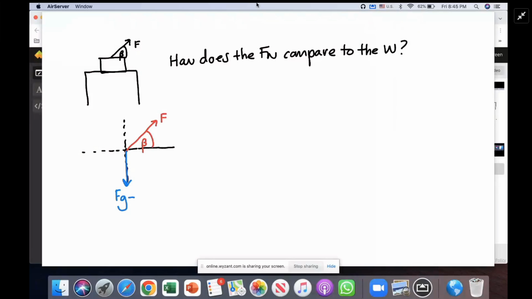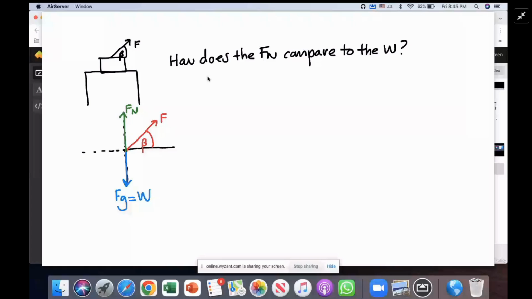And that force of gravity is equal to the object's weight. And finally, we have an object sitting on a table. So we know that the table exerts a force as well. I'm going to draw that force straight upwards. The normal force is always perpendicular to the surface. And so there is our normal force. Great. We have no other forces in the problem except for these three.